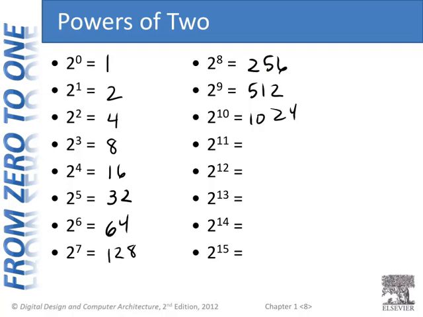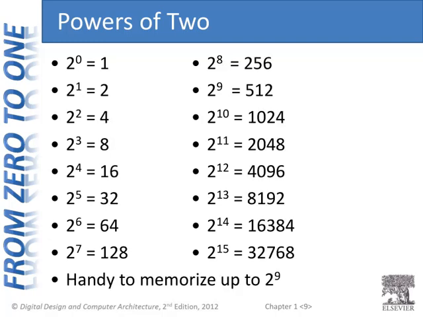Up to 2 to the 10, 2 to the 9 is a good place to know. You know, the rest is kind of trivia, 2048, 4096, blah, blah, blah. But really handy to be able to recall and memorize up to the power 2 to the 9th.